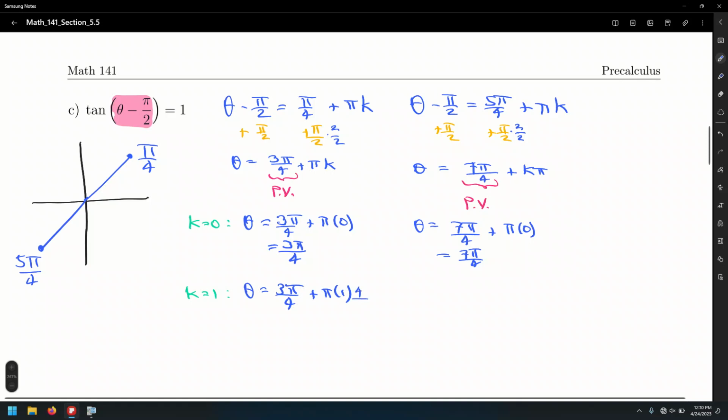How about we multiply by 4, divide by 4, so we can turn these values into fourths and combine them together. 4 pi plus 3 pi, that's going to give us 7 pi over 4. And for the second generating solution, that's 7 pi over 4 plus pi times 1 times 4 over 4 to combine the fourths together. Okay, 4 pi plus 7 pi, that's 11 pi over 4.